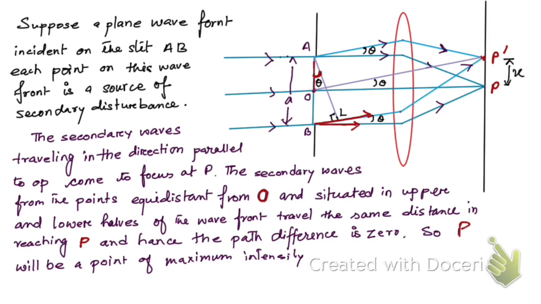Now this AB is perpendicular to this straight ray of light, and this AL is perpendicular to the diffracted light. So that means we have got this situation. This is a straight ray which is parallel to OP, and this is the light which is inclined at an angle theta to it.